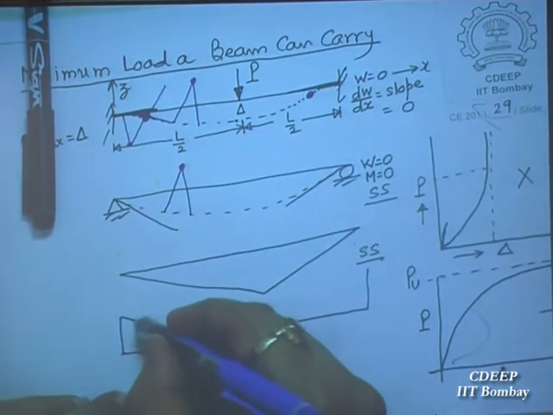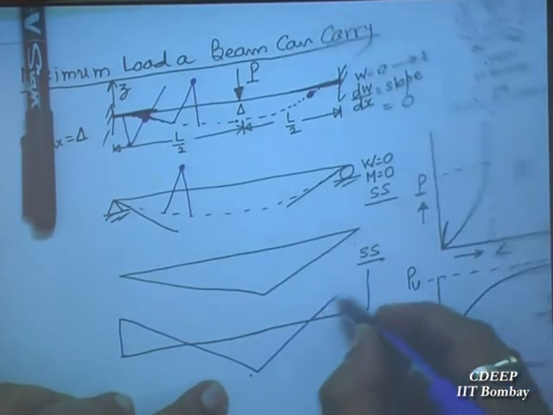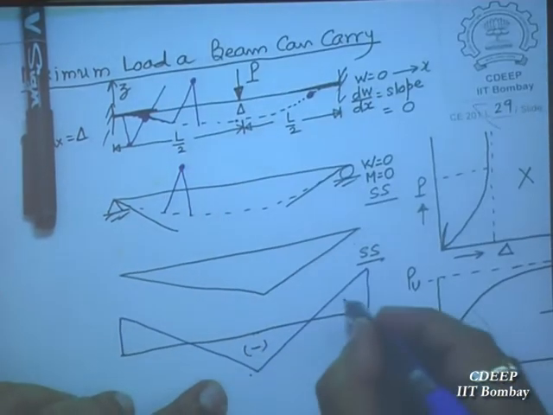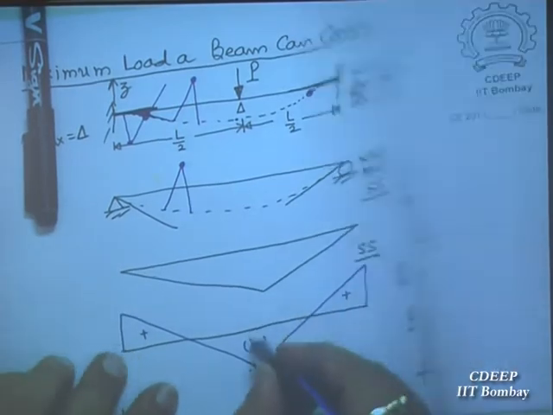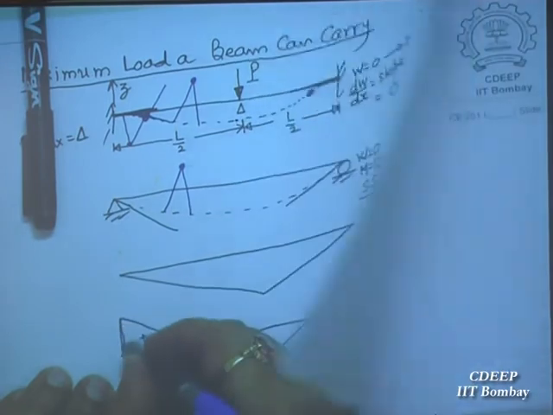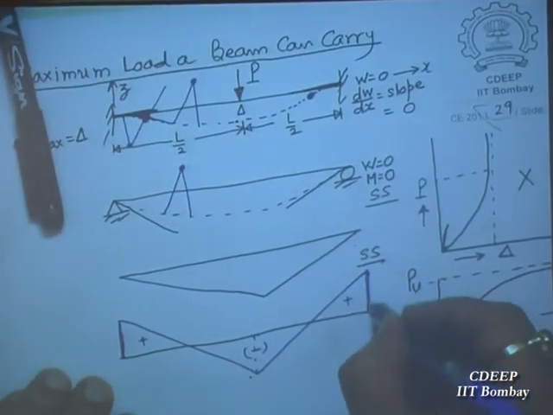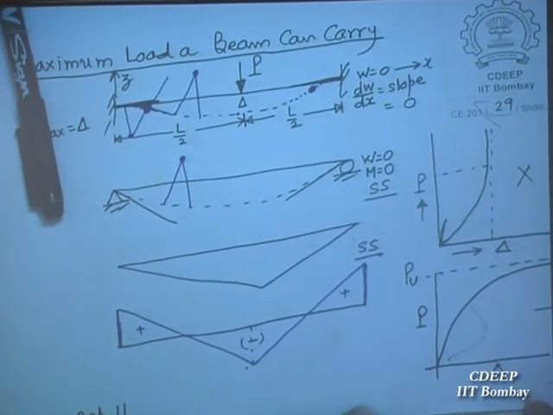So your bending moment diagram will become something like this. This is negative, this is positive, and these are the 3 points where maximum bending moments occur. You don't have to learn too many things, even if you can conceptually visualize what is happening to the structure. So these are the 3 points.